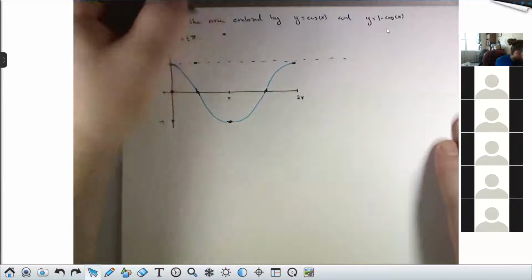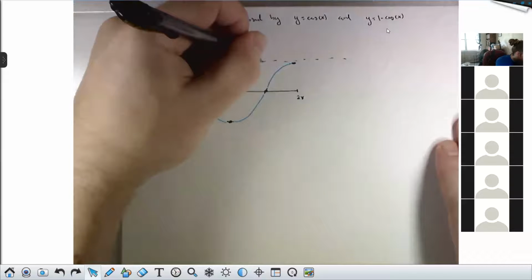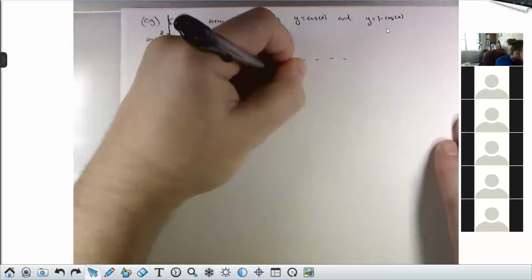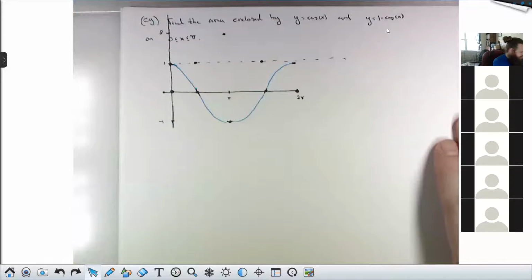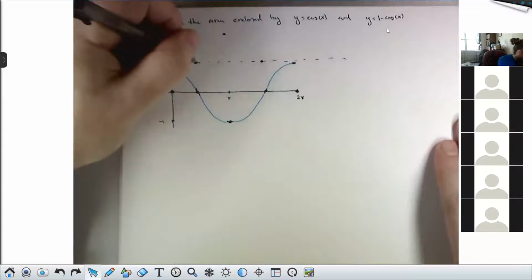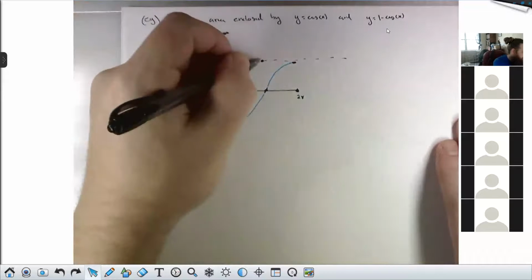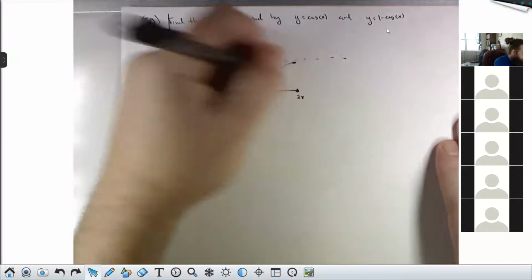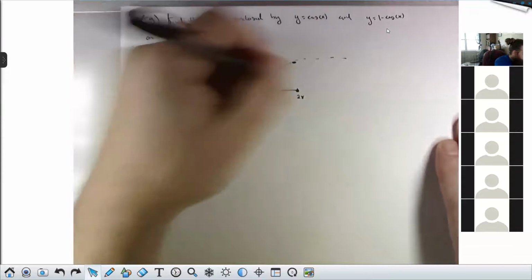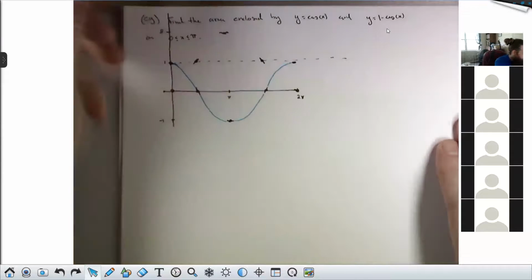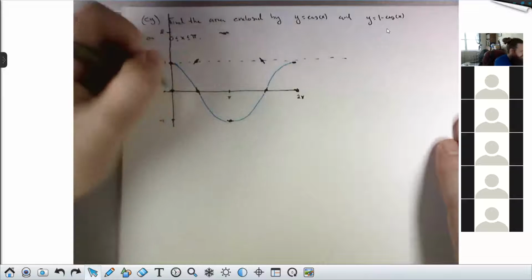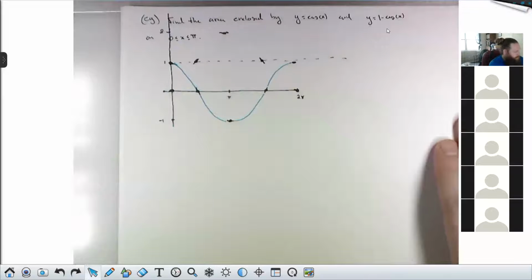And then I come down through the equilibrium again at 3 pi over 2, and I come back to 0. So this guy's going to have tangents looking like this. I'll draw in purple.